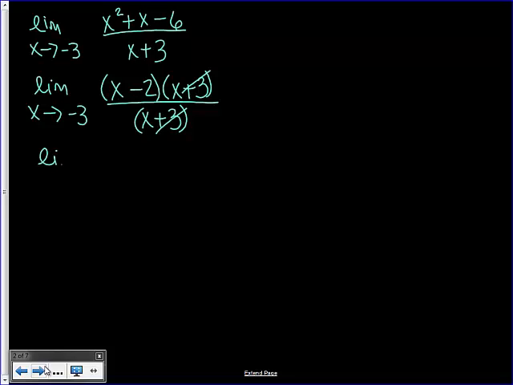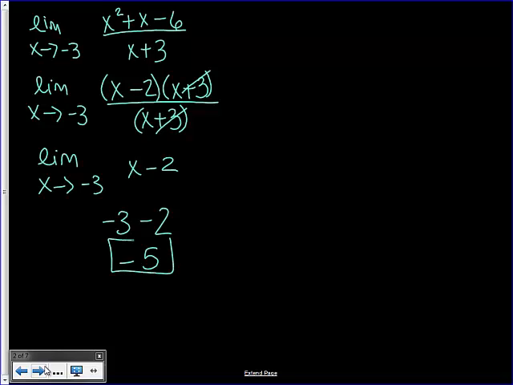So now we have the limit as x approaches negative 3 of just x minus 2. Plug in negative 3. I no longer have to write my limit. Negative 3 minus 2 is negative 5. That is my answer. That is the value of my limit. Okay?